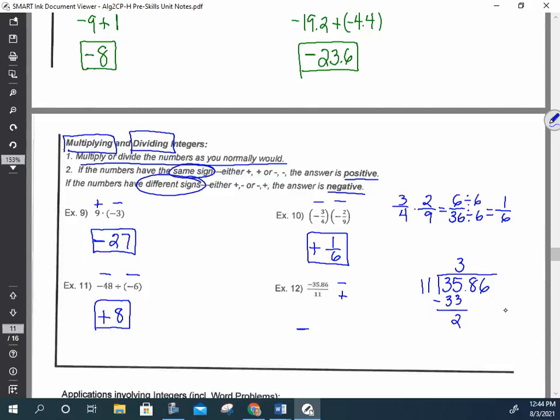That's 33. Subtract, you have 2. Bring up the decimal, bring down the 8. 11 goes into 28 twice. Subtract, you have 6. 11 goes into 66 6 times. Leaves you with 0. So negative 3.26.